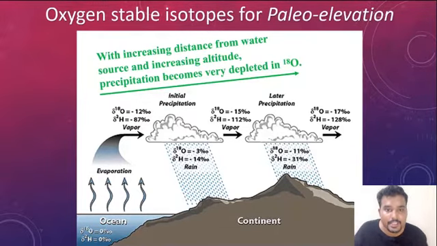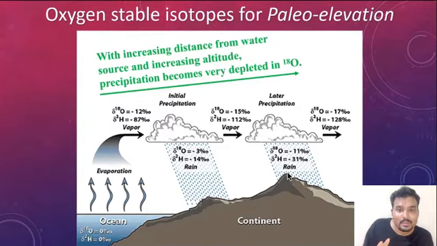Are you getting my point? So here you can see that as it moves away, the concentration is decreasing. It is -3 parts per thousand, per mil as it is called, of O18 here, and here it is -11, because the distance is increasing and it is negative. Okay, are you getting my point?